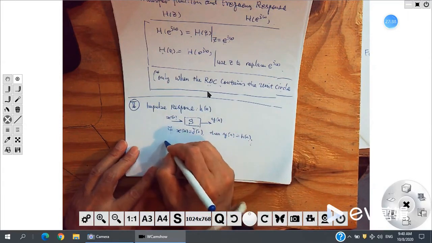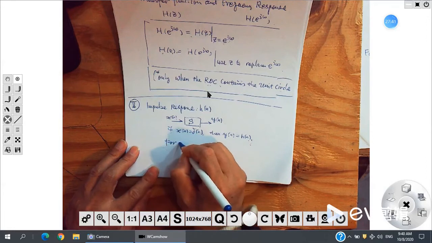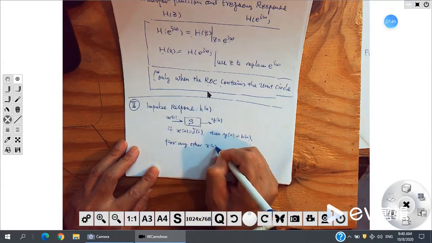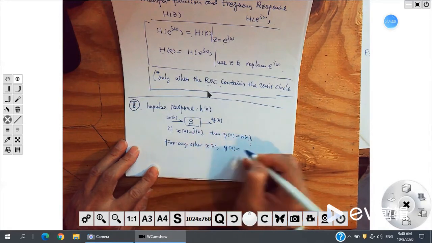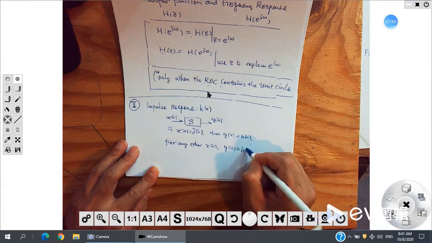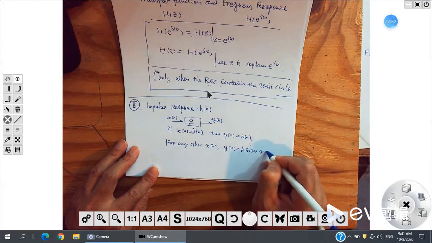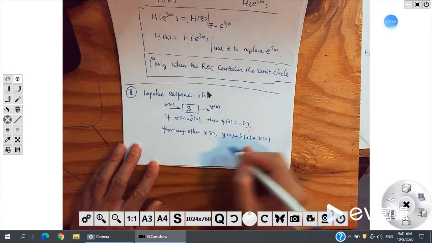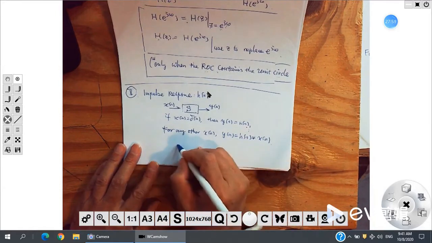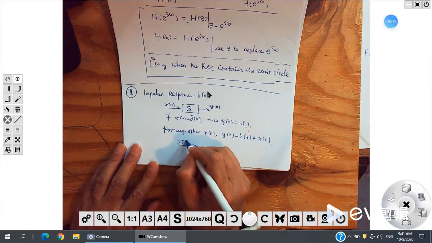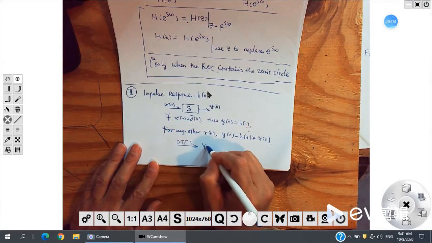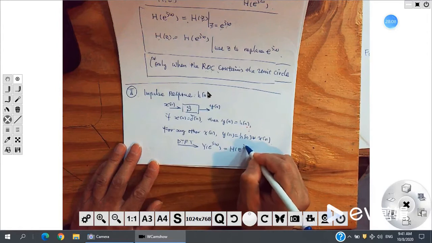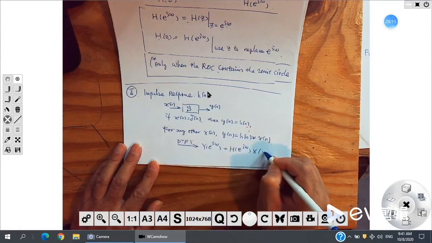And for any other x of n, y of n equals h of n convolved with x of n. Okay, we have this one. In the frequency domain, by the DTFT, we have Y of e to the j omega equal to H of e to the j omega times X of e to the j omega.